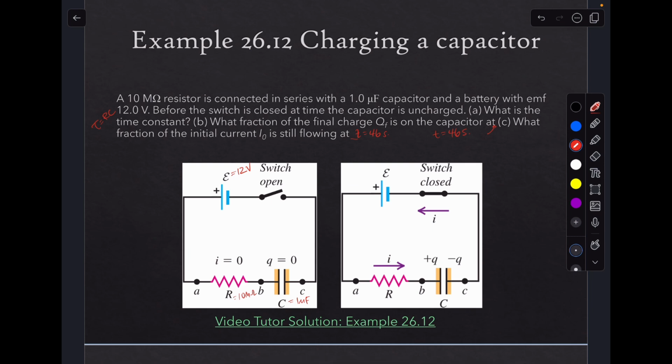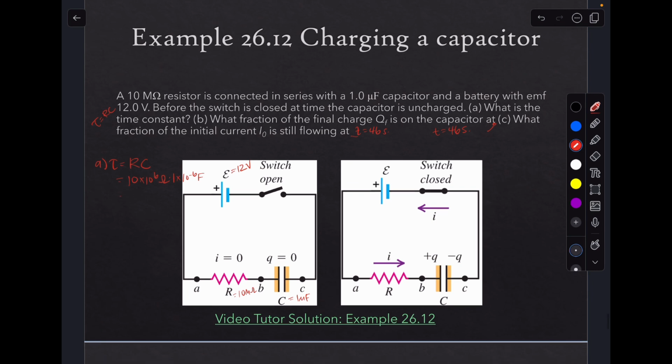So part A, we want to know what the time constant is, tau, and that's simply equal to R times C. So 10 mega ohms times the capacitance of 1 microfarad. The 10 to the plus 6 and the minus 6 go away, and the time constant is simply equal to 10 seconds, okay?